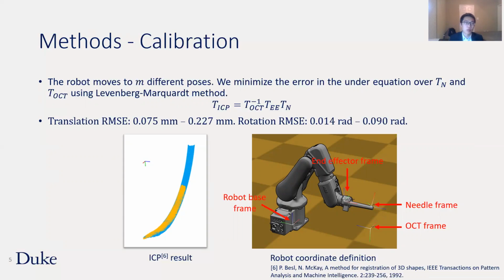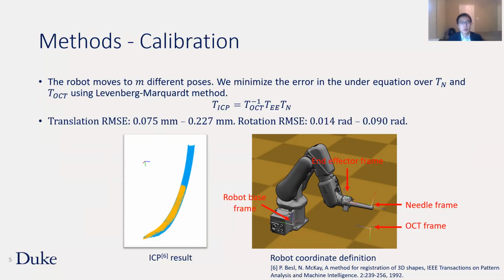From the formula, we can use another way to represent T_ICP. The inverse of T_OCT, representing the robot base frame in the OCT frame, multiplies with T_EE, which represents the robot end-effector frame in the robot base frame.